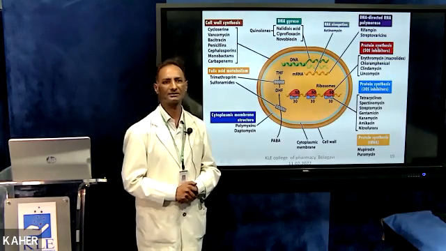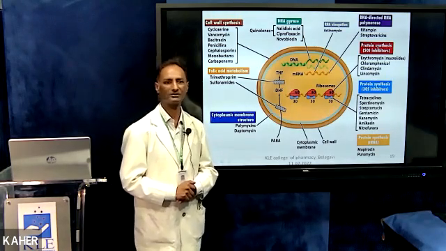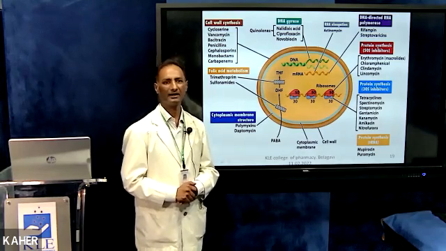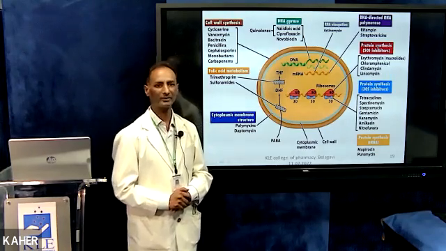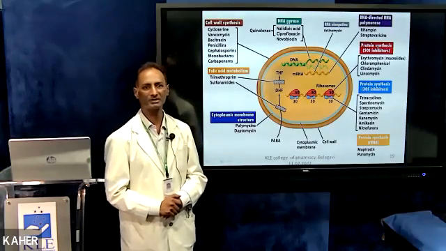Similarly, there are drugs inhibiting RNA elongation, like actinomycin, and DNA-directed RNA polymerase inhibitors like rifampicin, which is used in tuberculosis.